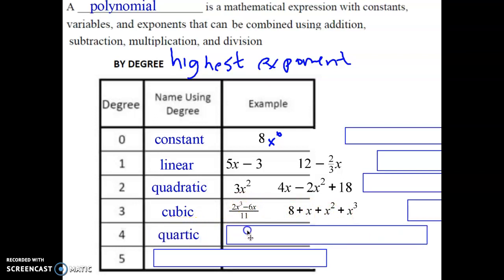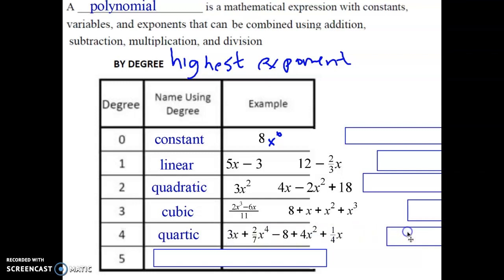Degree 4 is quartic. Now, if you think about that, a quarter, 4 quarters make $1. A quart of milk, 4 quarts make a gallon. Quart implies 4. So a quartic function has degree 4. Its highest exponent is going to be 4, like this one. Degree 5 is quintic, like a quintet.